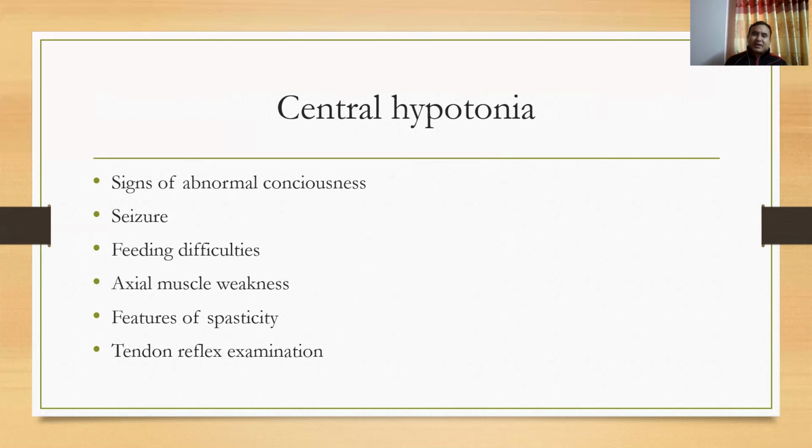If the child has signs of abnormal consciousness like poor GCS, low Apgar scores, then most of the time the cause is central. If the child has seizures, feeding difficulties, axial muscle weakness, and exaggerated reflexes, then usually the cause is central, and usually the cause is in the brain.